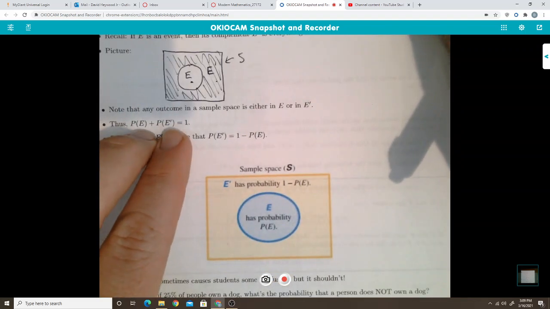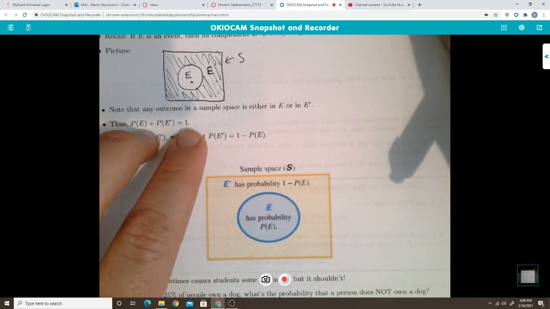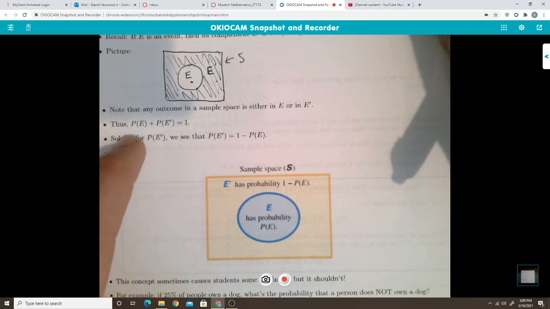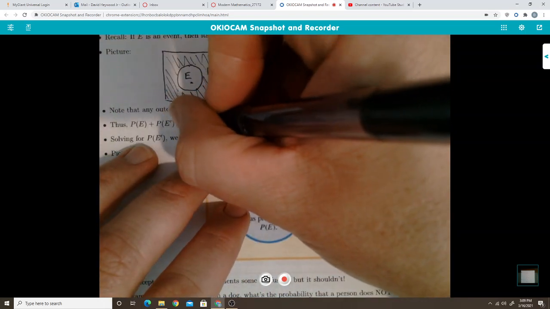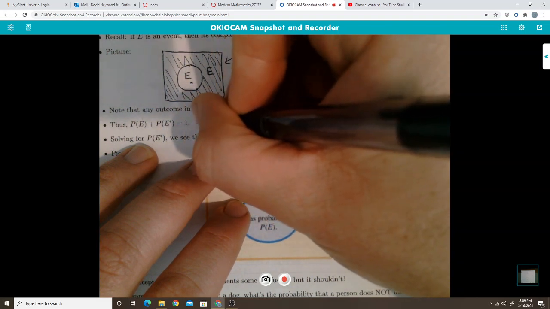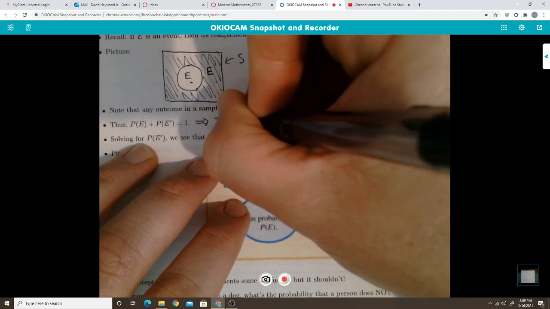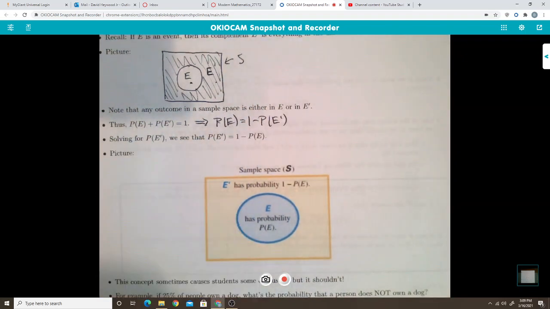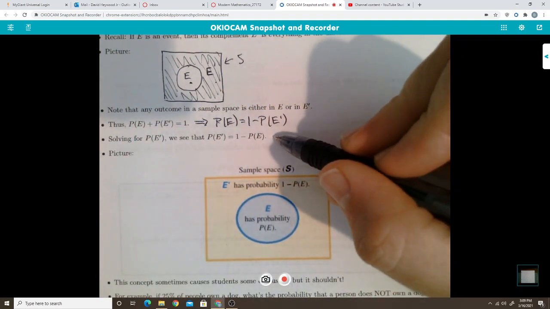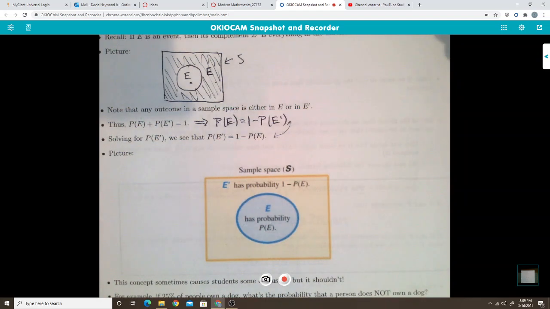That the probability of E plus the probability of E complement equals 1. So we could also solve for the probability of E by subtracting the probability of E complement on the other side. And then we would get the probability of E is 1 minus the probability of E complement. So they have this very symmetric relationship, okay?